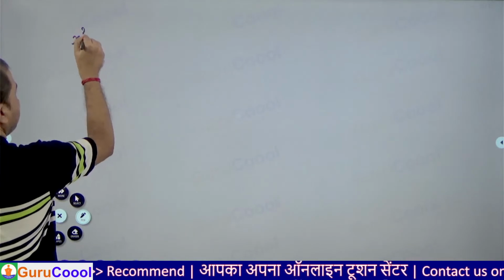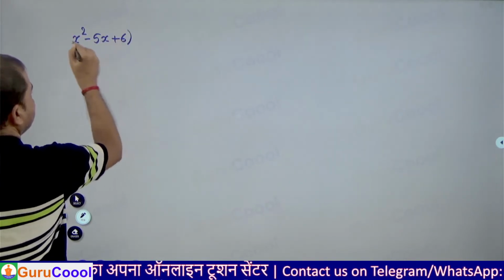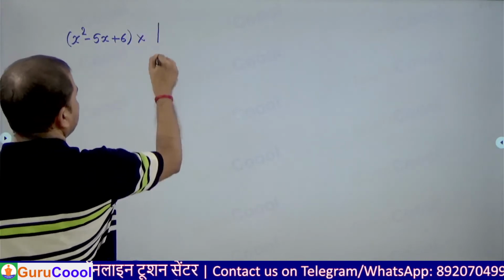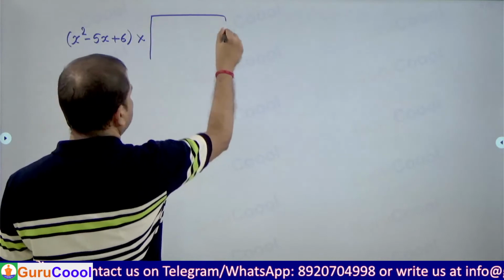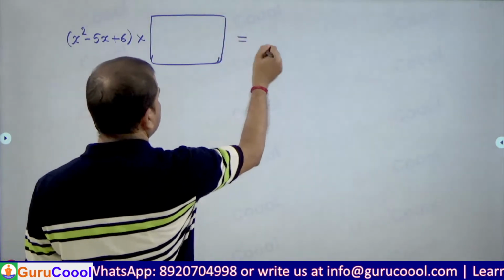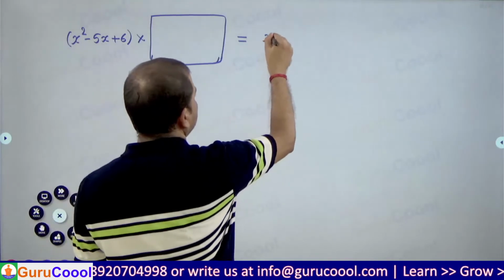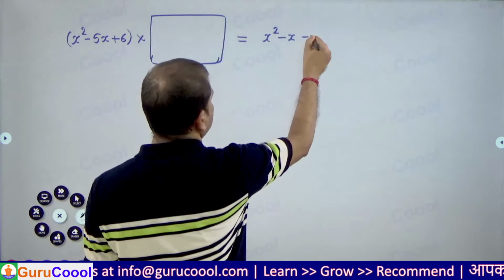X squared minus 5x plus 6 times what will give me x square minus x minus 6?